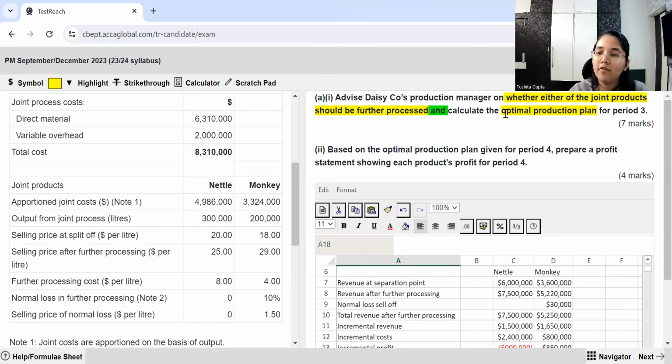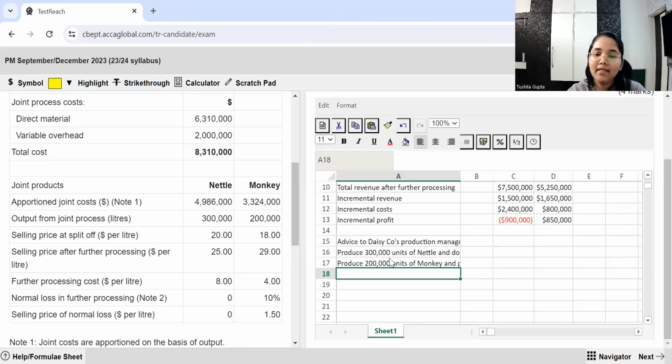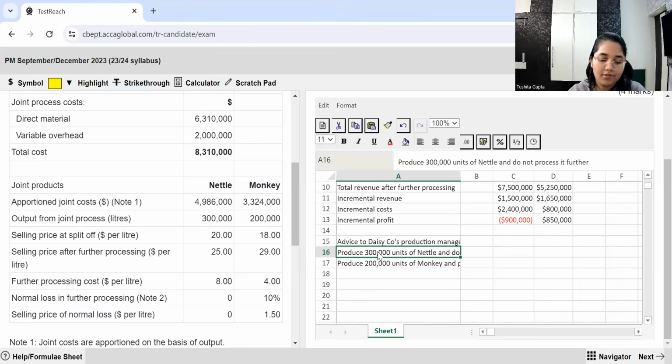Answered this question, and we also have to calculate the optimal production plan. So we will write that the optimal production plan is nothing but to produce 300,000 of nettle and 180,000 liters of monkey plus.